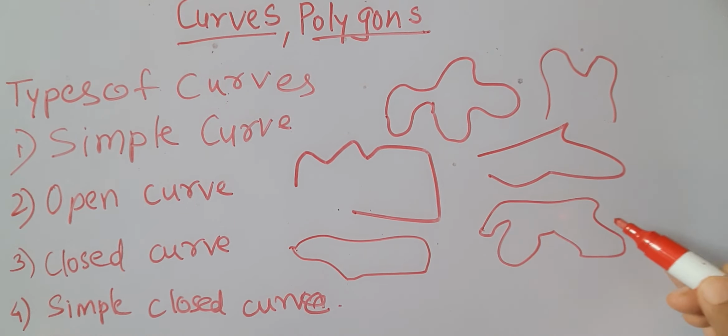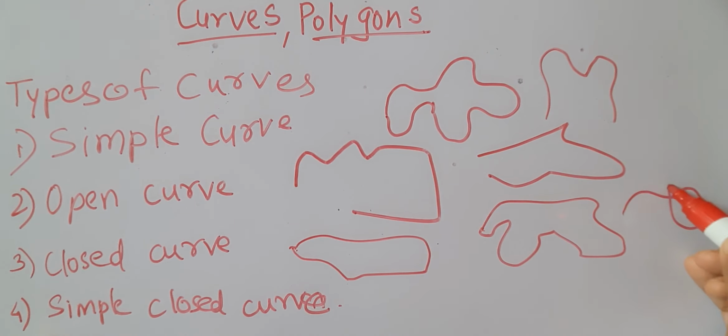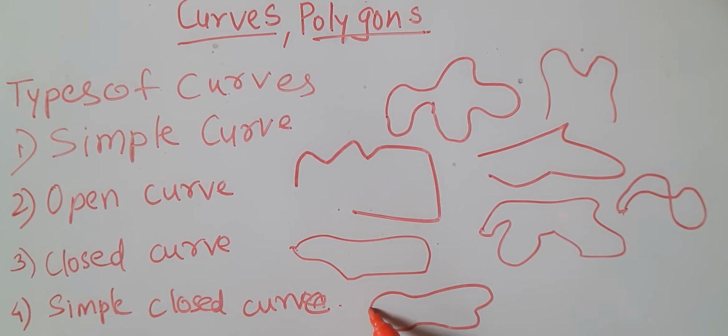For a closed curve, if I am drawing like this, with a crossing, this is a closed curve. But if I am drawing a curve that is not crossing and is ending at the same point, then it is known as a simple closed curve.